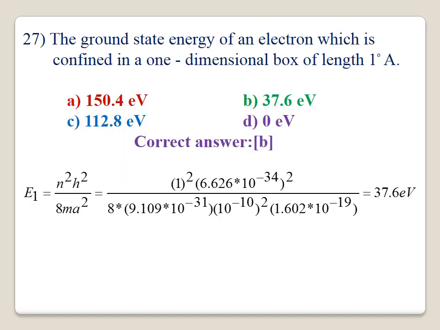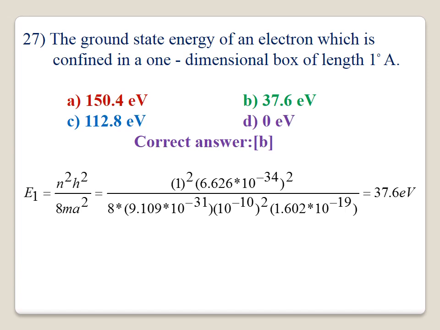27. The ground state energy of an electron which is confined in a one-dimensional box of length 1 Angstrom unit. The correct answer is B, 37.6 electron volt. You know very well for a particle in a one-dimensional box, the lowest energy, the ground state energy, will be equal to n²h²/8ma².